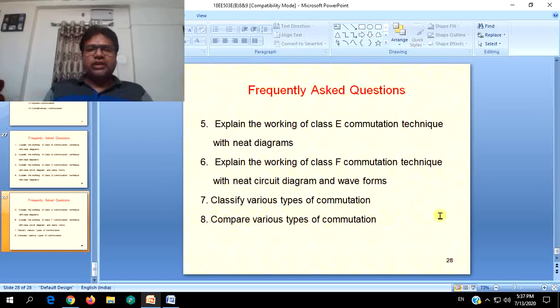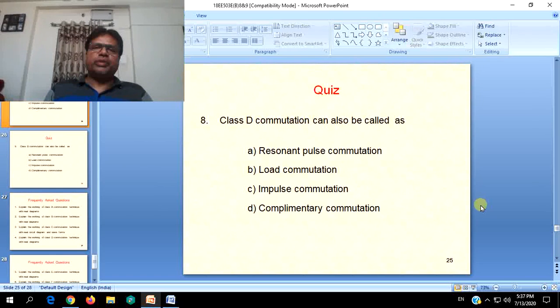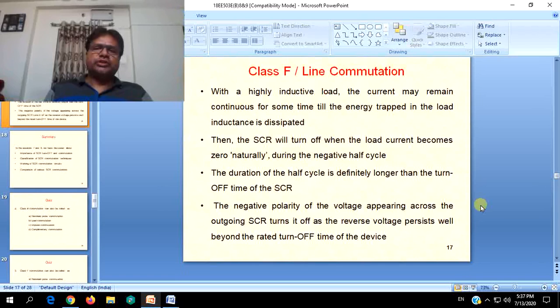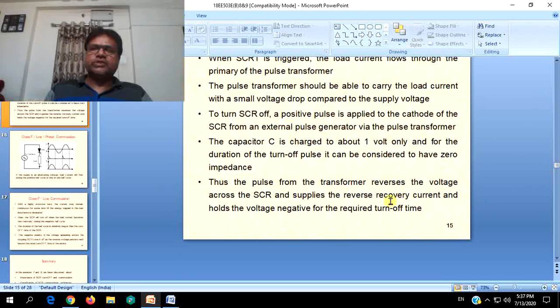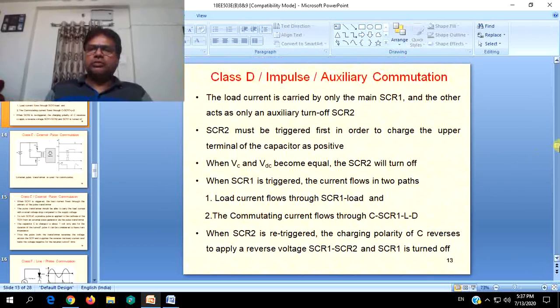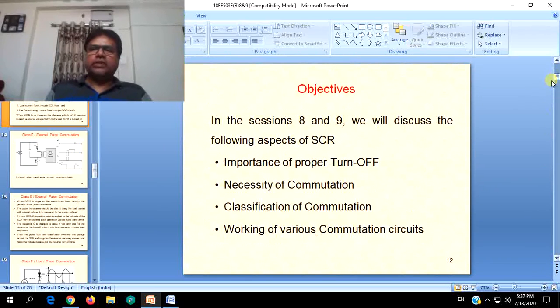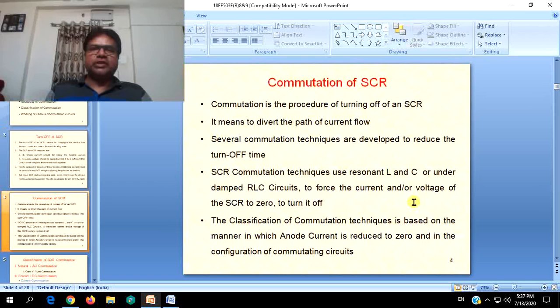Next, compare various types of commutation. Just go to the classification which we have already gone through, where you can go through the names, it becomes easier.